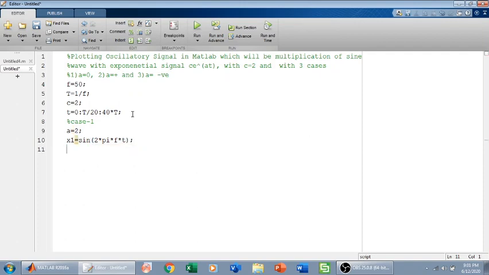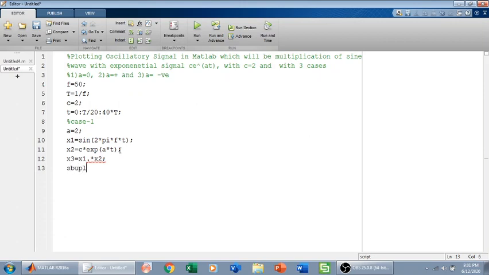This is my sine function, and this is my exponential function, c exponential, defined as exp in MATLAB, with a, which is 2, multiplied by t. Now this is x1 and this is x2. To get oscillation I need to multiply them, so I will multiply x1 and x2 using the dot star operator.